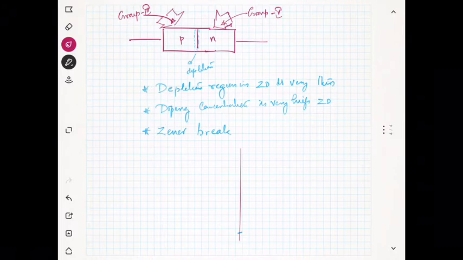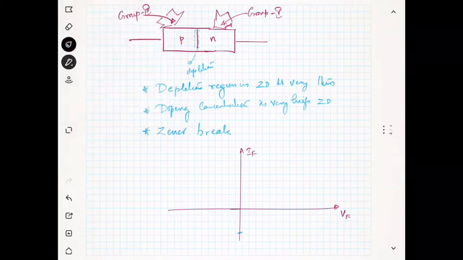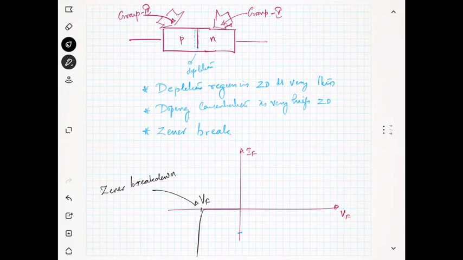If this is the forward voltage and this is the forward current, you will be having a current in the reverse bias at a voltage. This phenomenon is known as Zener breakdown.